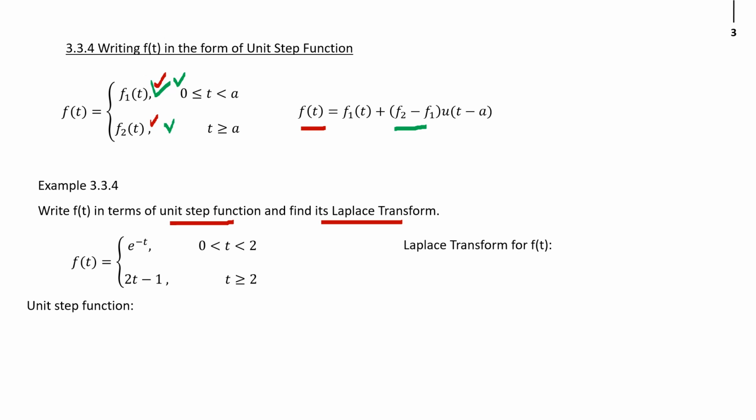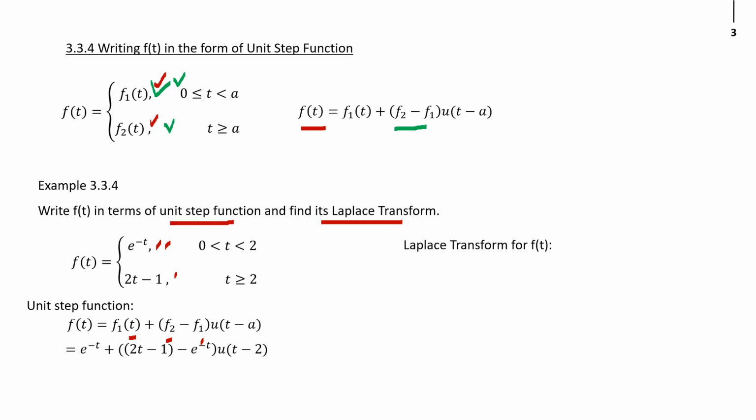The first one, we need to write f(t) as a unit step function, which is we copy the formula here and then we replace f1(t) with e to the negative t, plus f2(t), which is 2t minus 1, minus f1(t), e to the negative t, times u(t minus a). So we have this.